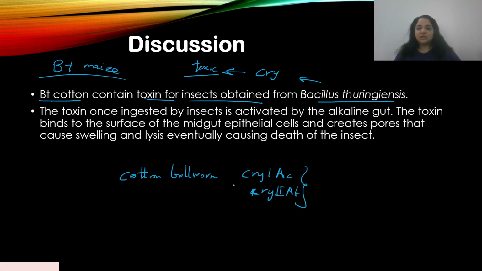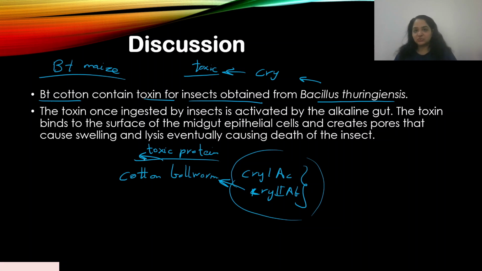These two genes behave like an insecticide for cotton bollworm. Cotton bollworm is an insect which destroys the cotton plant. So if we incorporate these two genes in the cotton plant, it will be able to produce a toxic protein that will kill these insects. That's why this is useful.